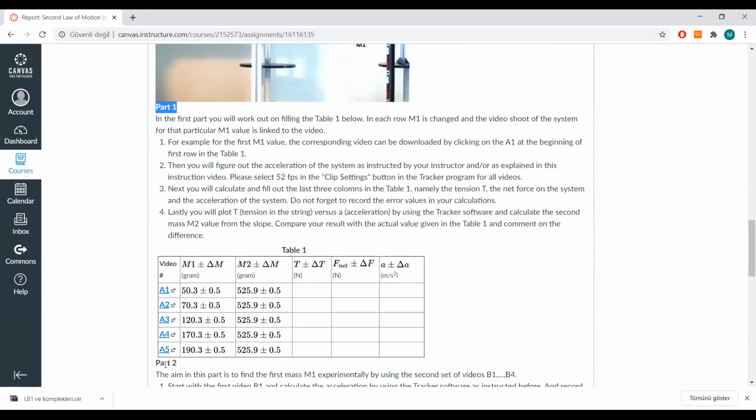The experiment videos for m1 mass as 50.3 grams, 70.3 grams, 120.3 grams, 170.3 grams, and 190.3 grams made at the laboratory take place in the first column in Table 1.